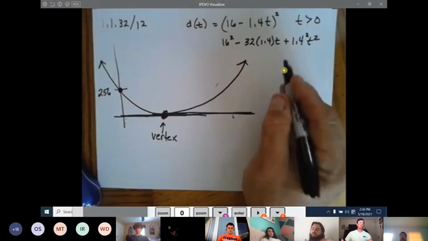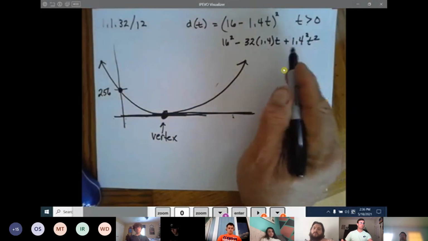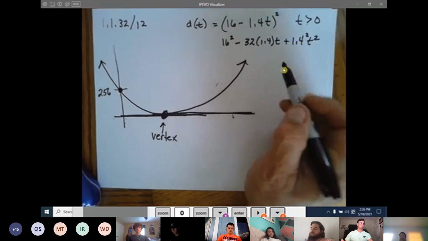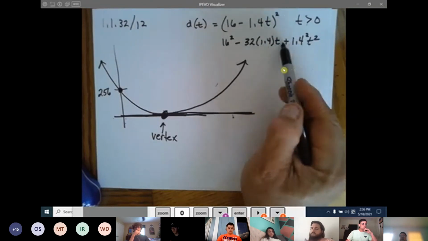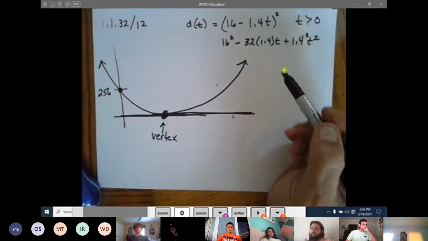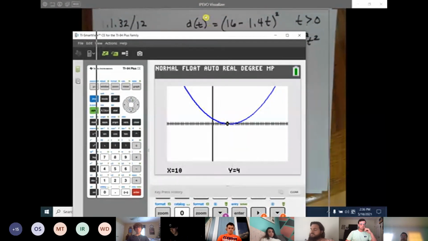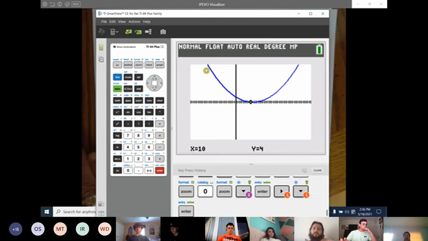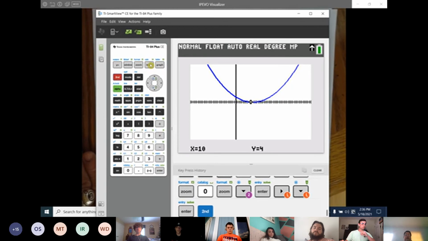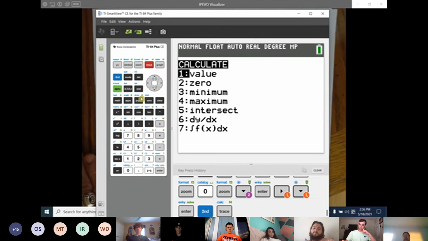Now, we could go through and do this by completing the square, but I would not make you do that on a test. I would tell you to use your calculator. So you're going to take your handy dandy calculator and find the vertex, which is called the min. Since it's concave up, you're going to find the min. So here we go. Second trace or calculate, and I want to find the min.